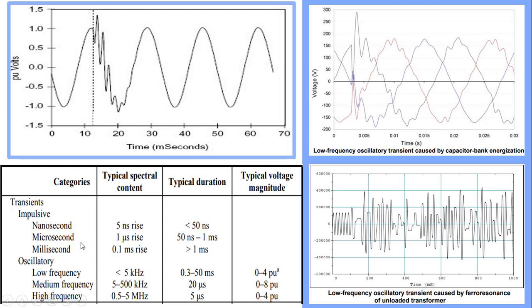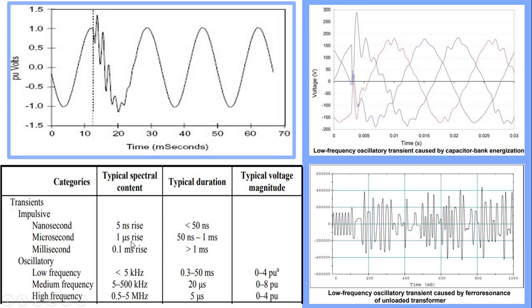The subdivision of transient is like this. Transient is in two parts, impulsive and oscillatory. Impulsive transients are shown in nanosecond, microsecond and millisecond. You see that if the rise time of the impulsive transient is 5 nanosecond, then the typical duration is less than 50 nanosecond.